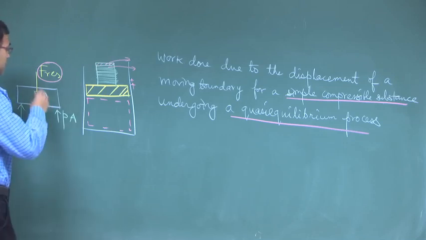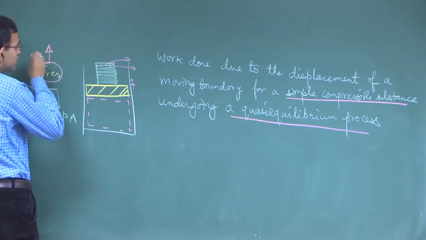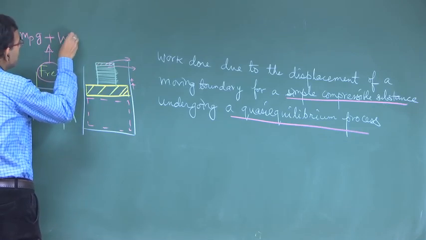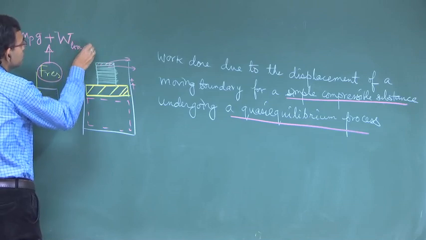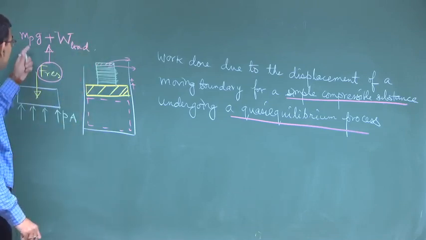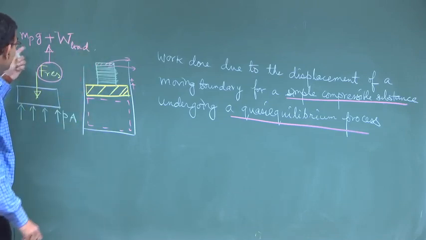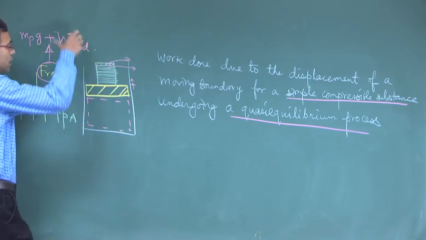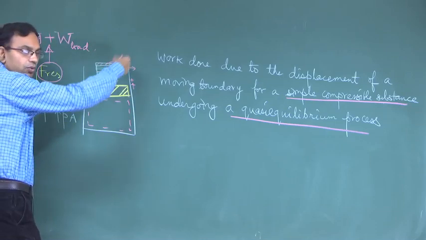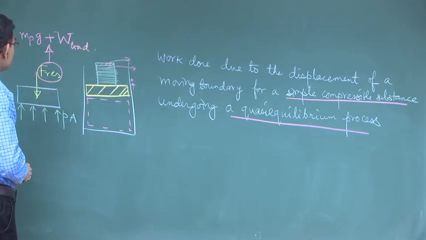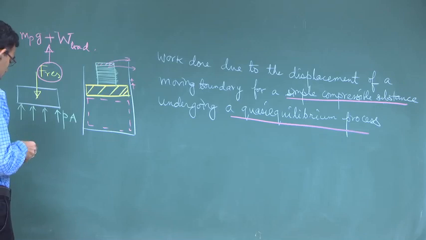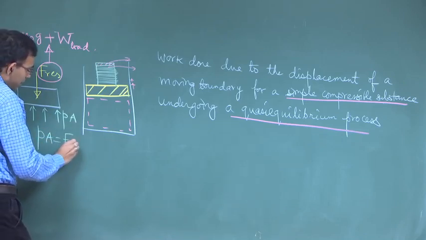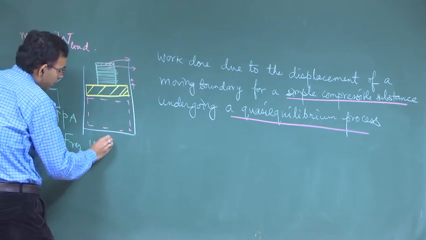This is mg plus W load. This is mass of the piston into g plus the total weight of this load, which is dynamically changing because you are taking one after the other. So, you have P into A is equal to F resistance under equilibrium.